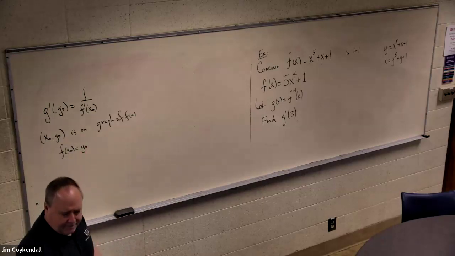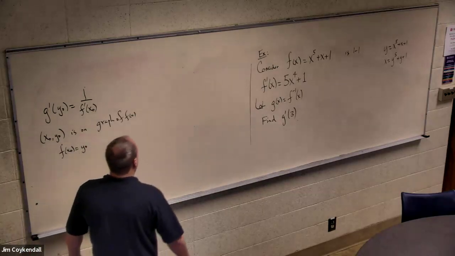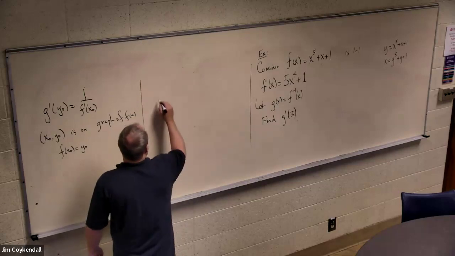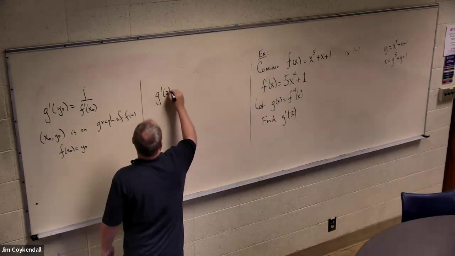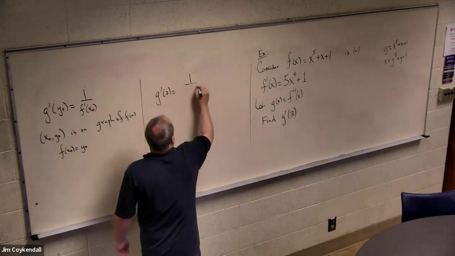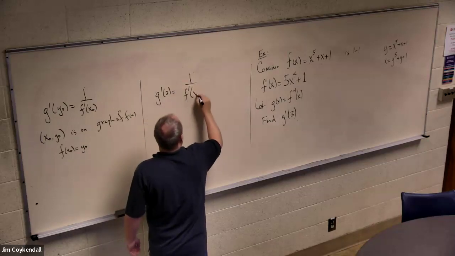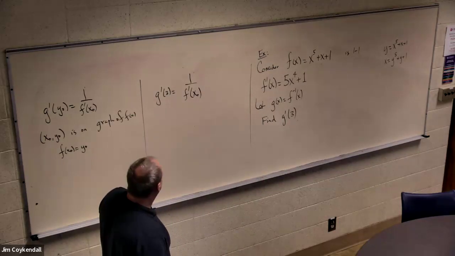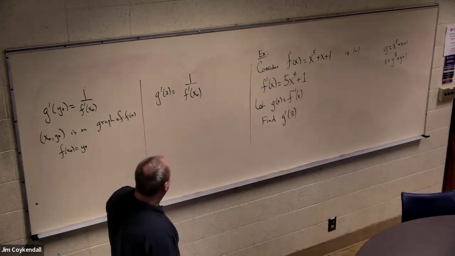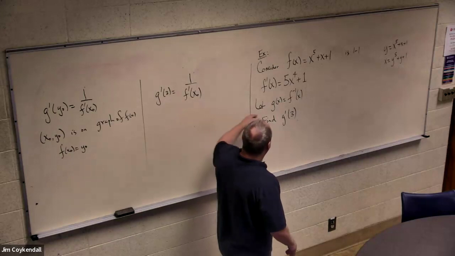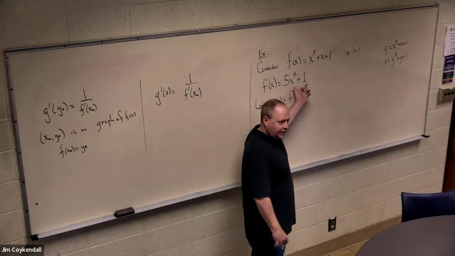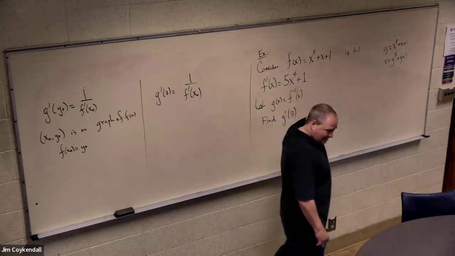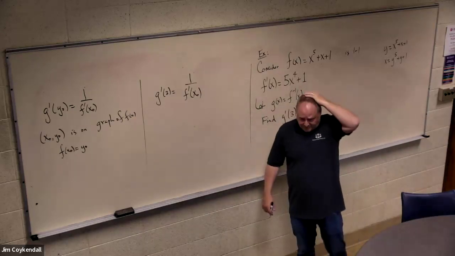I want to use that. Well, for this problem, g prime of 3 is 1 over f prime of x0. And I know what f prime is, right? f prime is pretty easy. The problem is I don't know what x0 is.